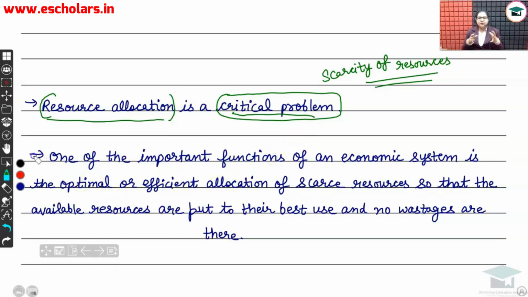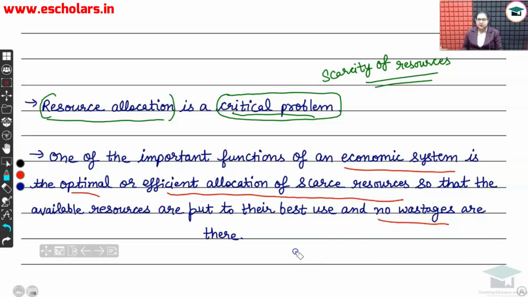Because with resource allocation, we cannot produce all the goods and services which are desired by the people living in the economy. Next, also the economy should primarily focus on optimal or efficient allocation of scarce resources. That is, the economy should focus on utilizing the available resources in order to generate the goods and services in such a way that there is no wastage of the resources.